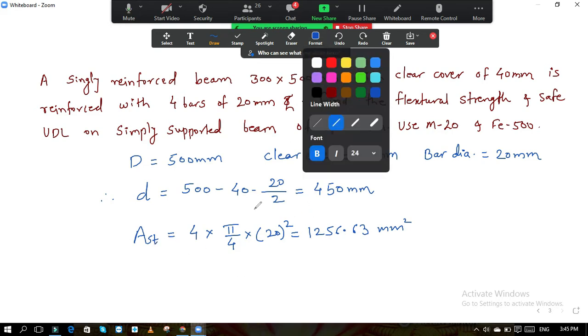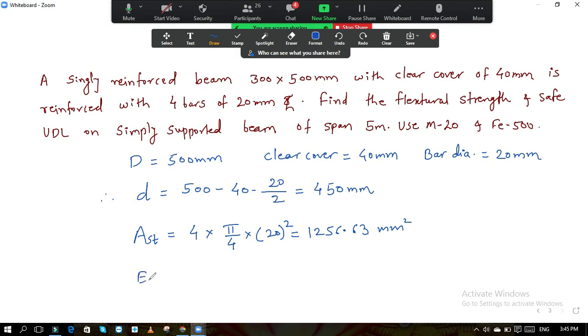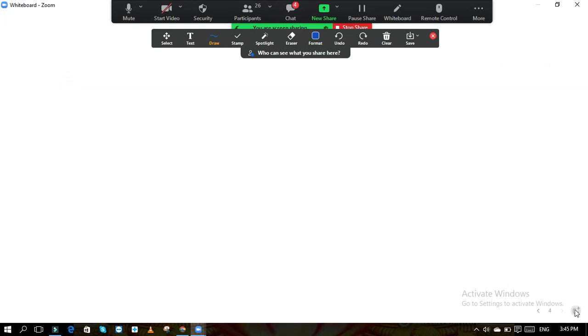So to calculate Xu, what we will do? We will equate the total compressive force to the total tensile force. So once you equate that, what you will get is 0.36 fck b Xu must be equal to 0.87 fy Ast.